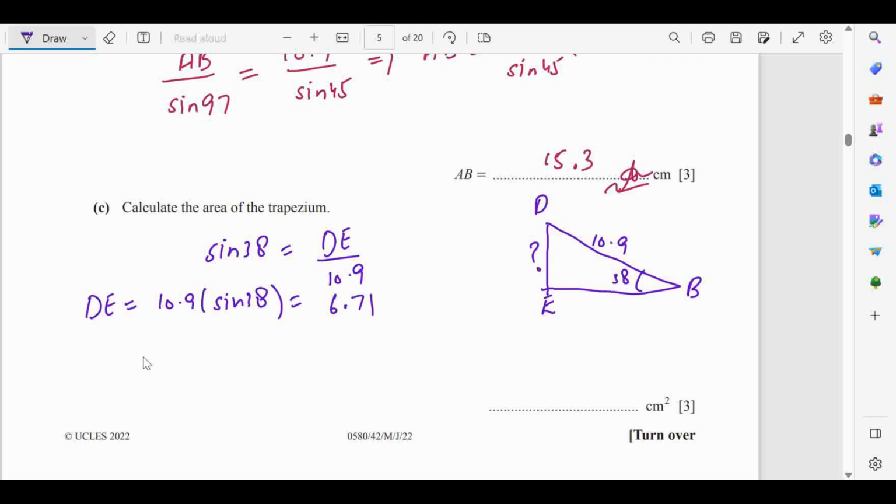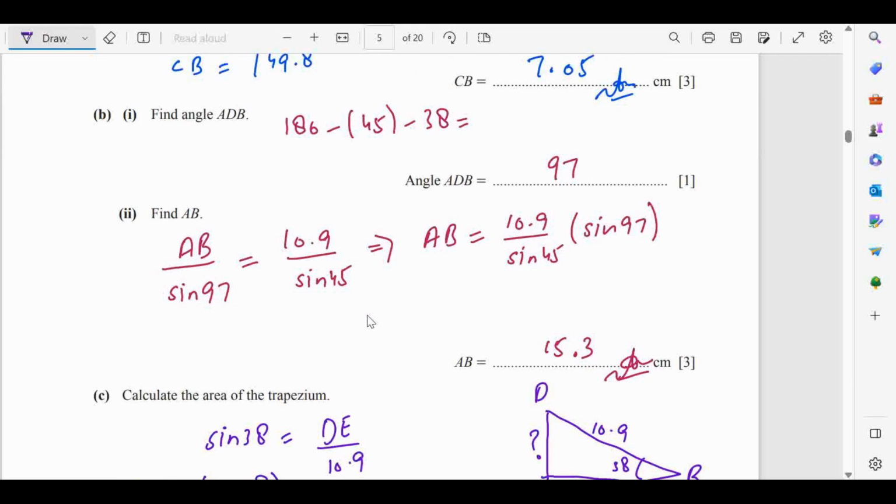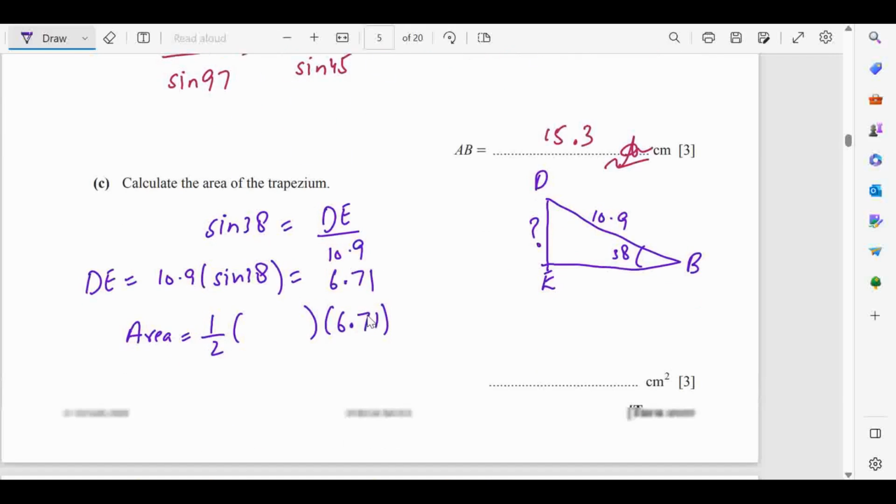Now area of the trapezium. We can write it as area is equals to 1 by 2 into sum of the parallel sides into height. Now height is 6.71 and one parallel side is 15.3.